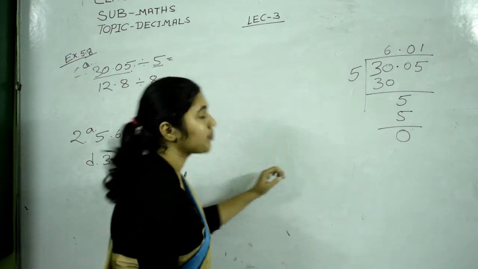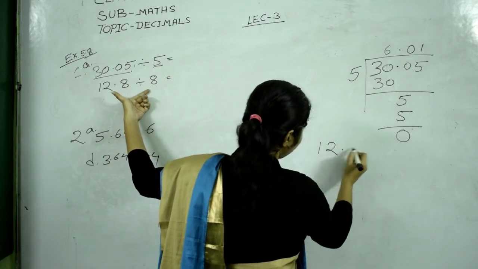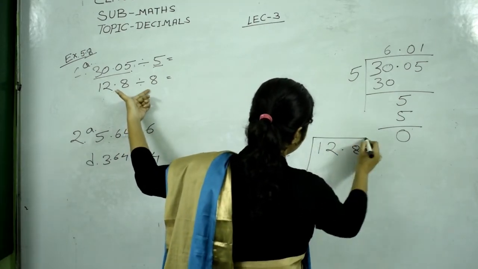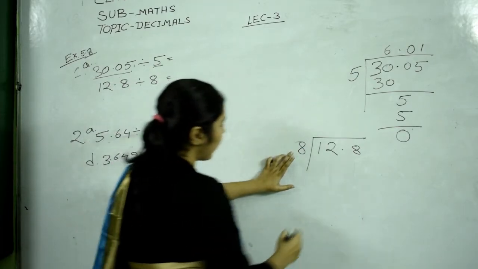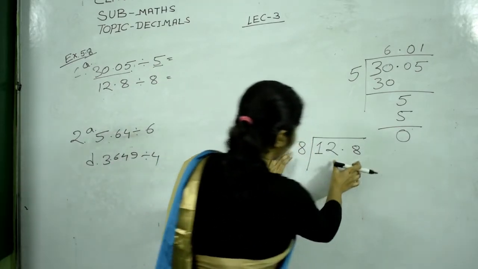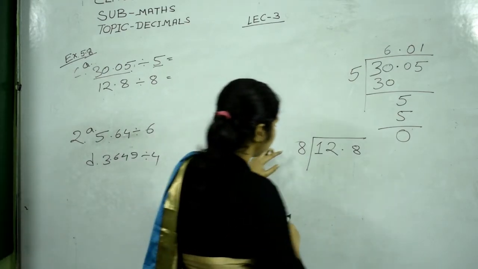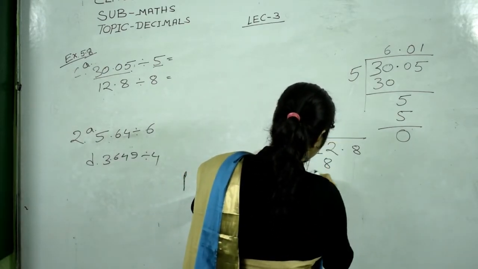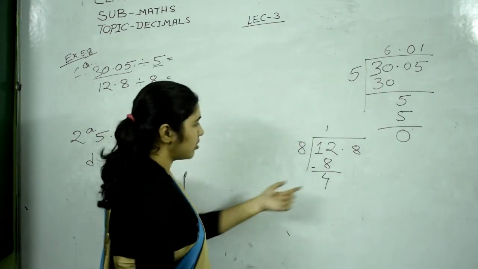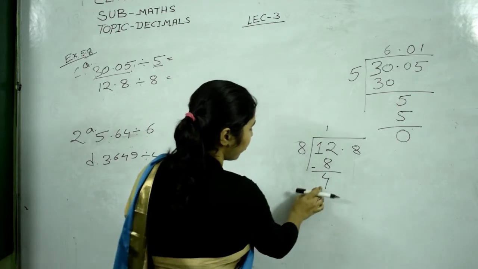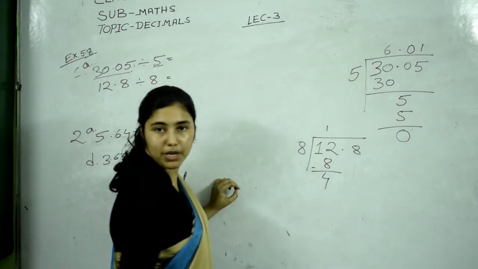Is it clear? Next, here our dividend is 12.8 and our divisor is 8. Again divide 12.8 by 8 as we do for whole numbers. So 8 ones are 8. Now subtract. We'll get 4 here. Now 4 is smaller than 8, right? So 4 is not divisible by 8.